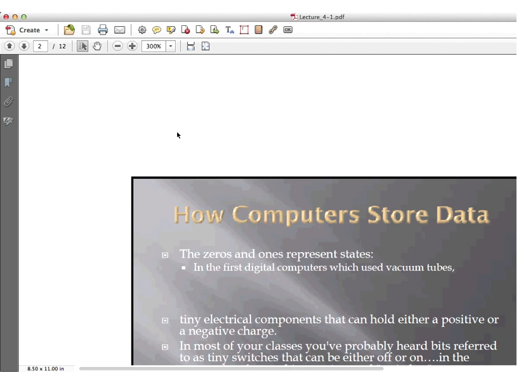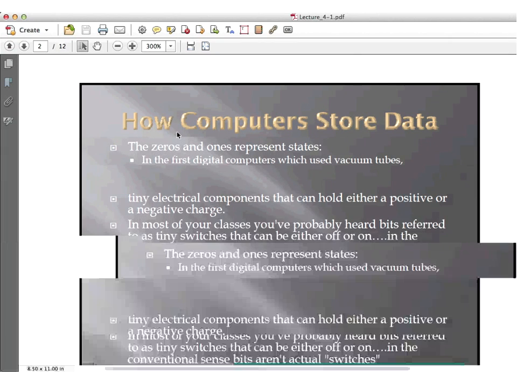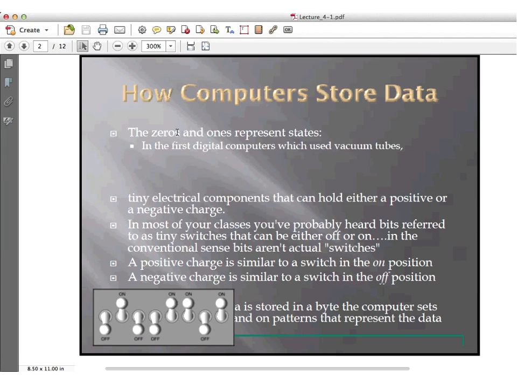In the old days, you could use what was called a relay switch, something that would click on or off, an up and down, on and off button. Vacuum tubes were used in the early digital computers. Now they're even talking about very odd states of matter, anything where something can be on or off.